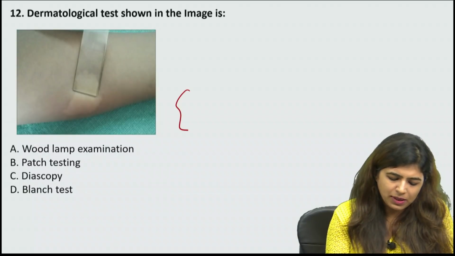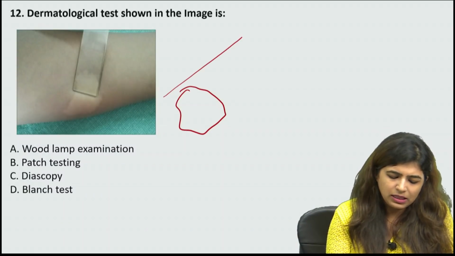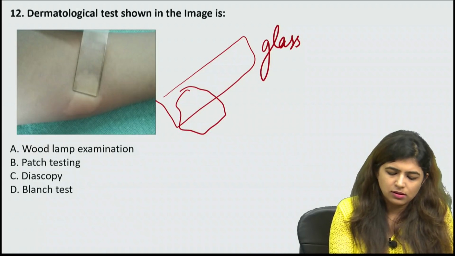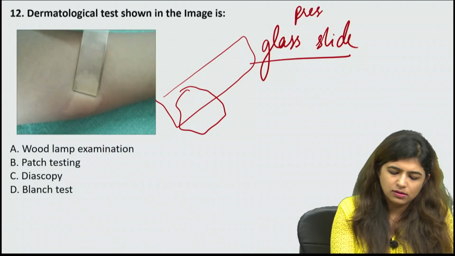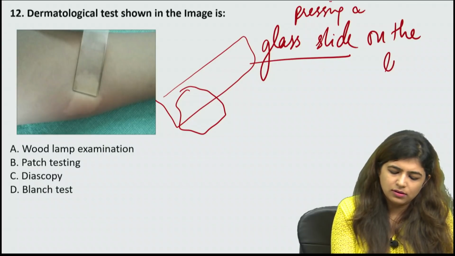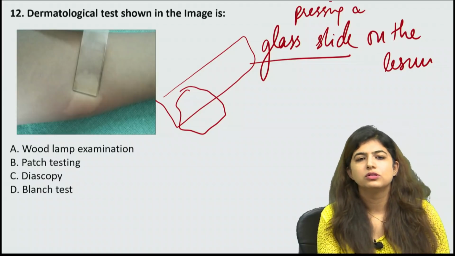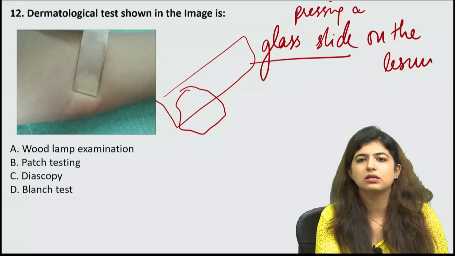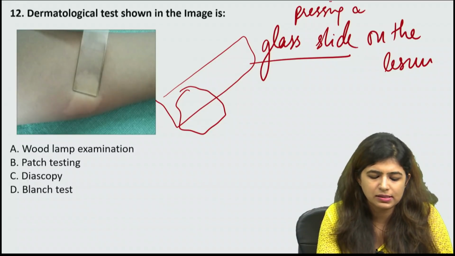It is a depigmented lesion and the examiner is pressing a glass slide on the lesion. So this is a test where the person is putting a glass slide on the lesion.